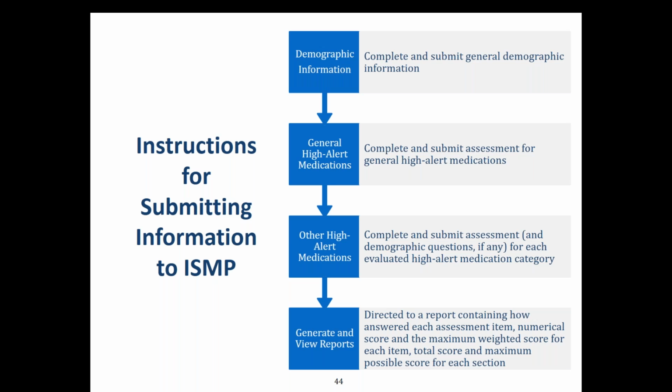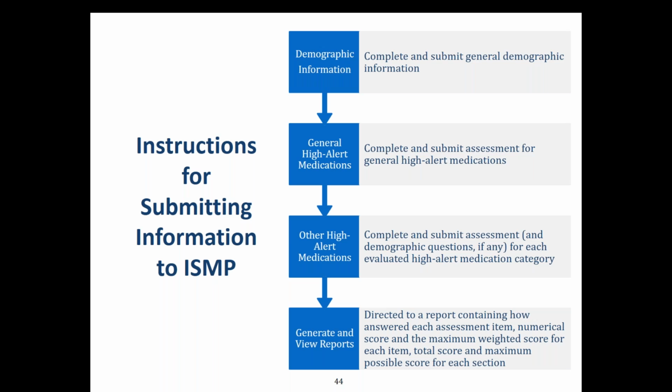Again, no matter how your facility decides to initially answer the assessment items, if you are submitting your information to ISMP, you will need to enter your responses into the online form. Based on the facility type that was selected when you create your account, you will first be directed to the general demographics that are applicable to your site.